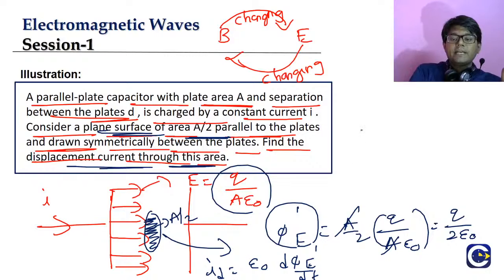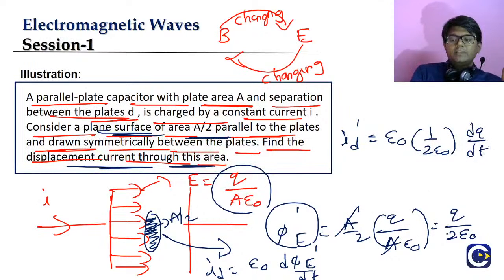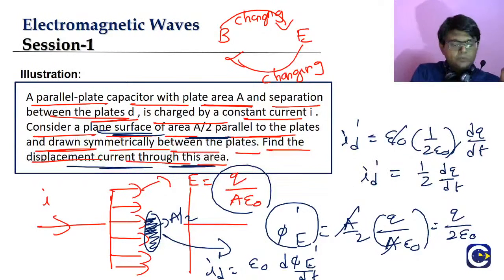So the displacement current through this area, let us call it id dash, will be epsilon naught into 1 by 2 epsilon naught dq by dt. We are taking a derivative of this, and 1 by 2 epsilon naught is constant. So it is half into dq by dt. This is our displacement current through that area A by 2.